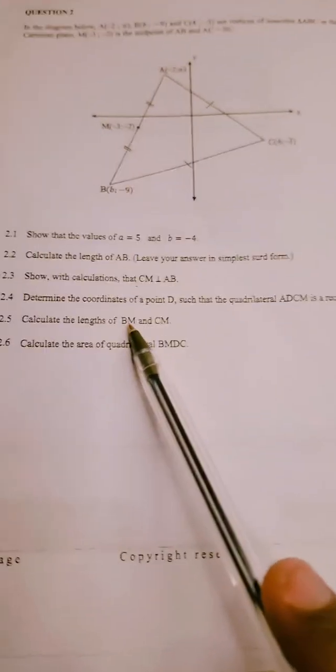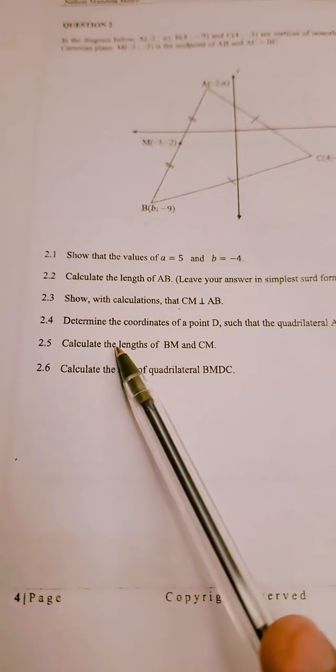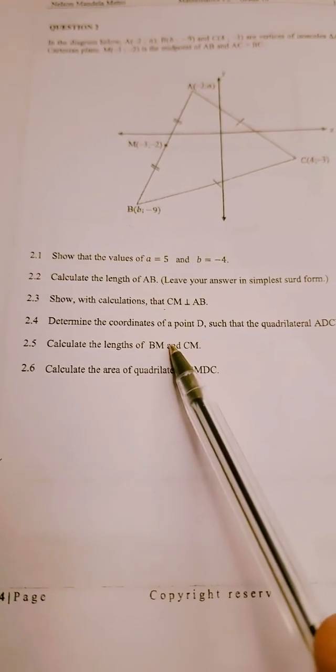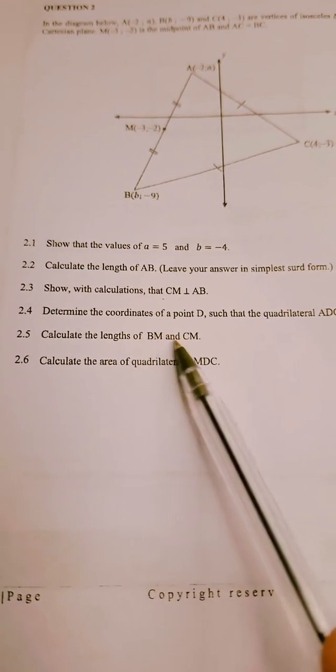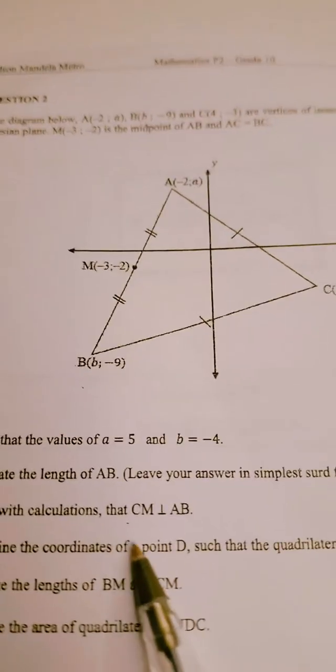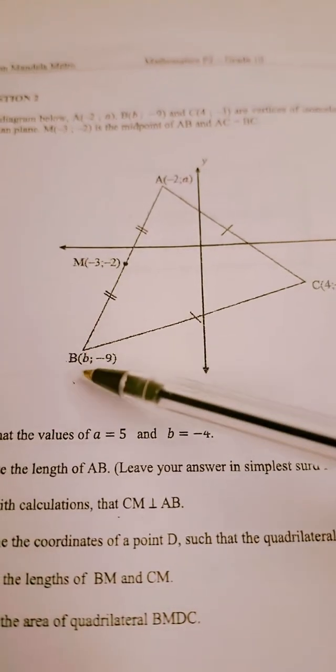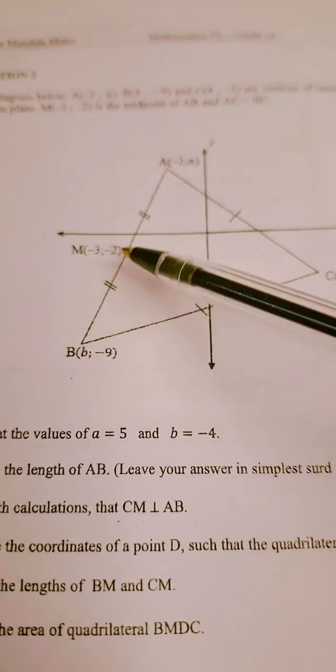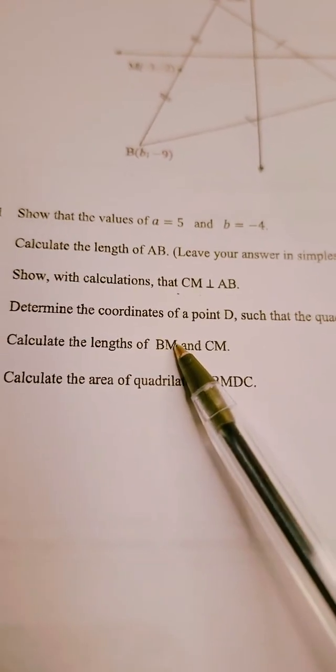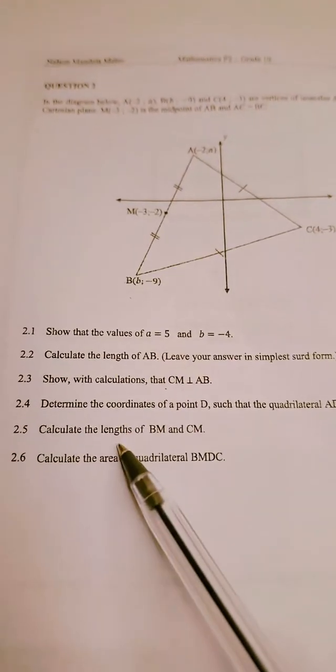All right. Let's move on to the next question, guys. 2.5. Calculate the lengths of BM and CM. So BM, where is B? There is B. Where is M? There is M. They want the length of BM. Do we have the coordinates? Yes, we do.